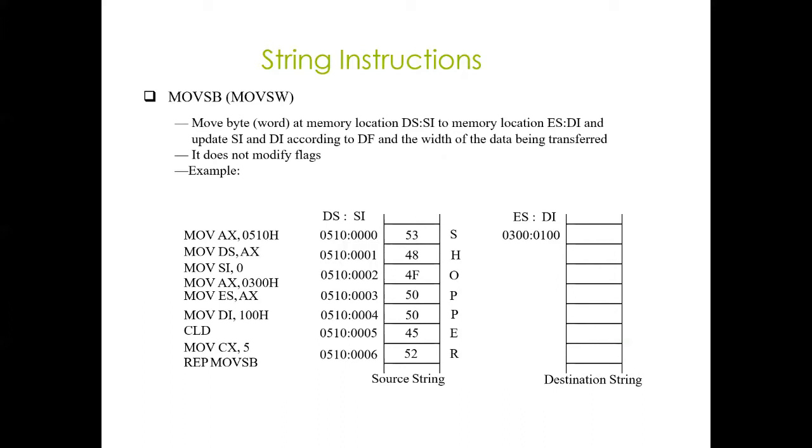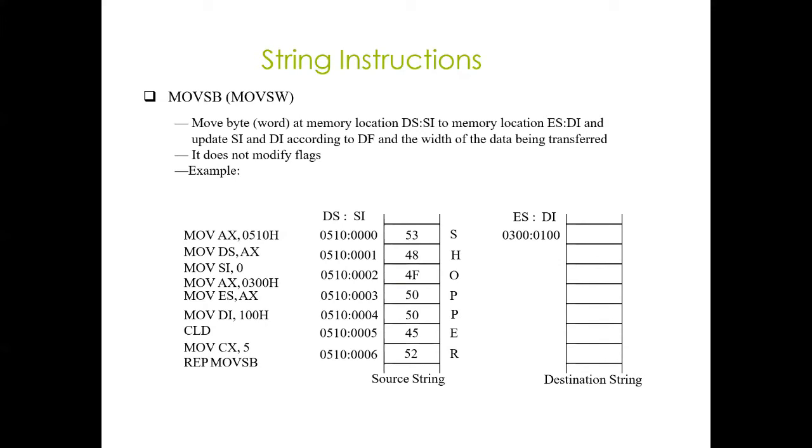MOVSB moves 8-bit data and MOVSW moves 16-bit data. After the execution of the MOVS instruction, SI and DI are automatically incremented or decremented to point to the next source and destination address depending on the value of the DF flag.